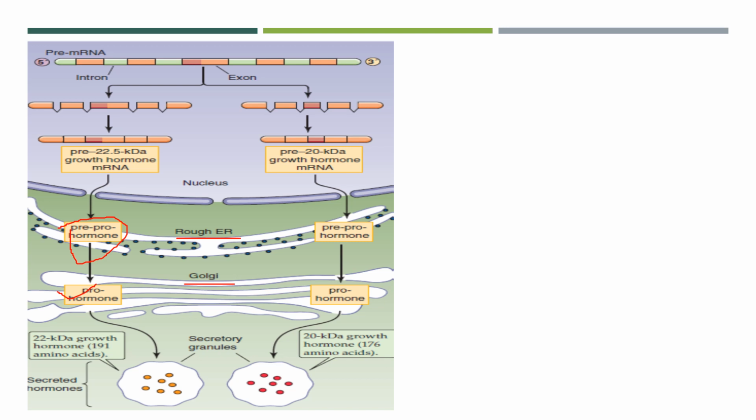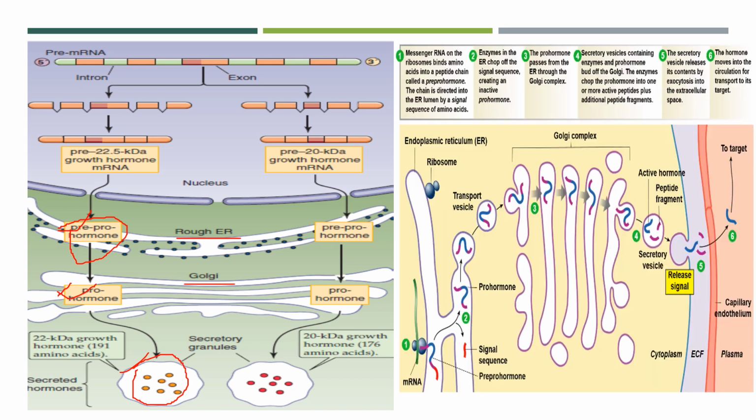After that, the active form of the hormone will be formed and will remain stored in the secretory granules. Every peptide hormone follows this order: first the pre-pro, then the pro, then the active form stored in the secretory granules. We can see this in more detail.